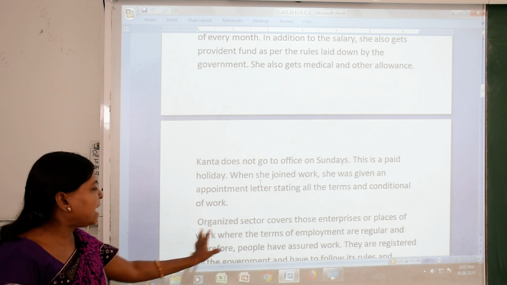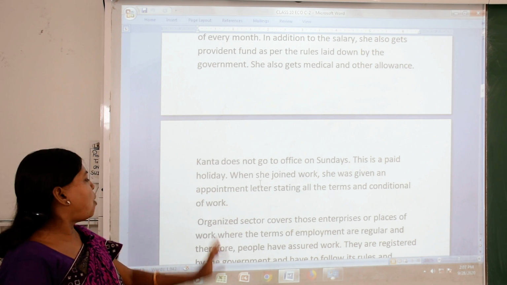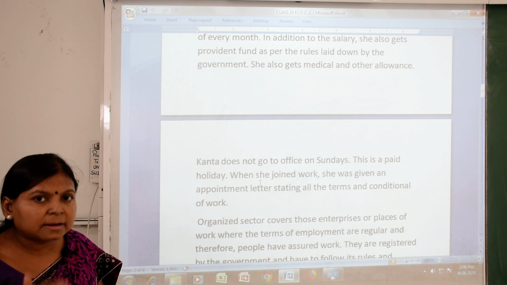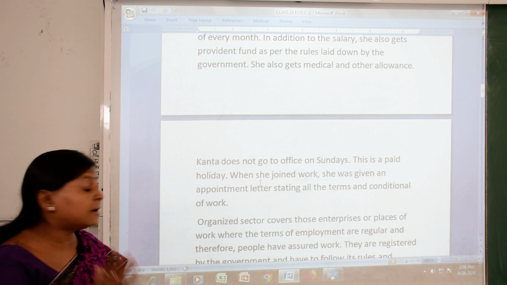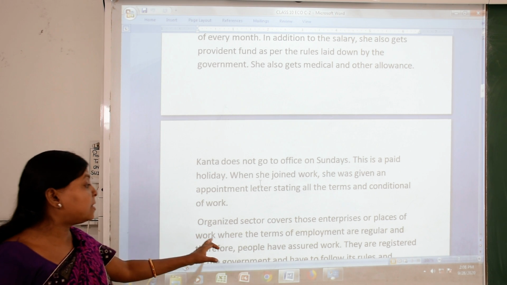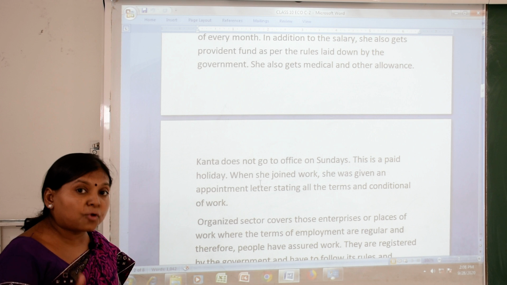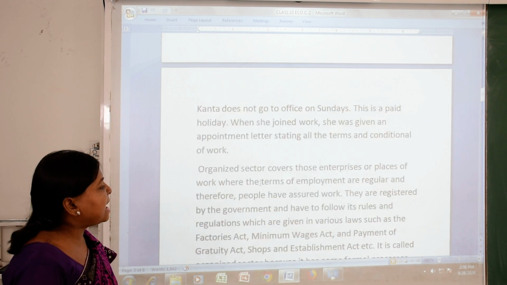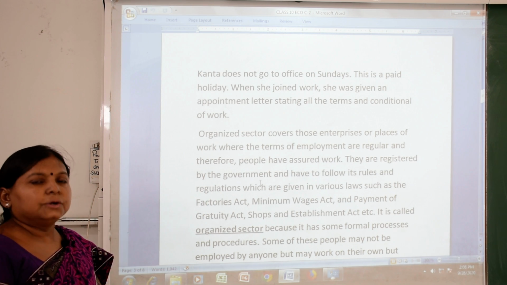Now, what is the organized sector doing? What are the organized sectors? Those enterprises or the places of work where the terms of employment are regular and therefore people have assured work. Do you know?